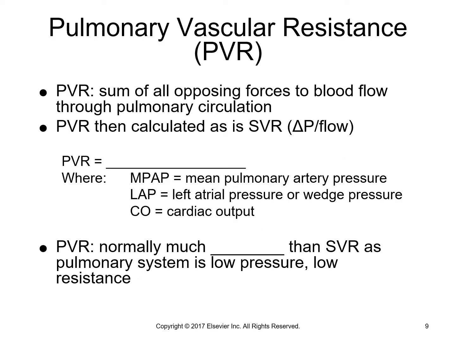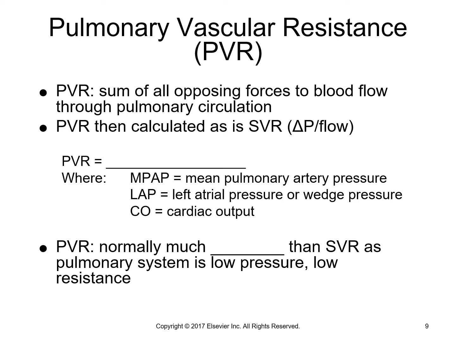All right, pulmonary vascular resistance, okay, is your PVR. Pretty much the same concept here, just looking at some different numbers. It's the sum of all opposing forces to blood flow through the pulmonary circulation.